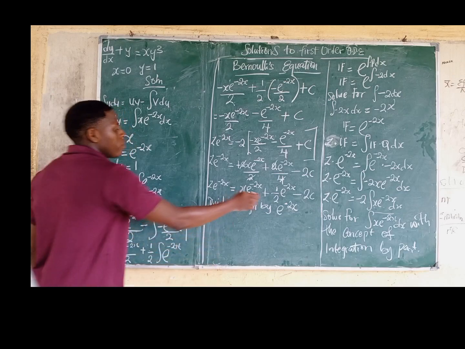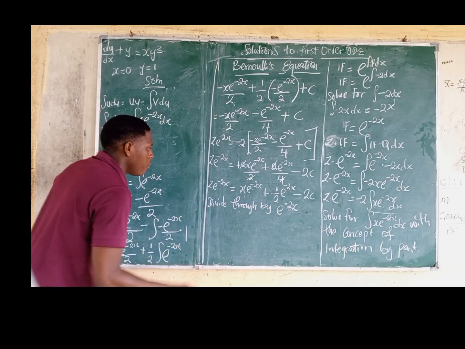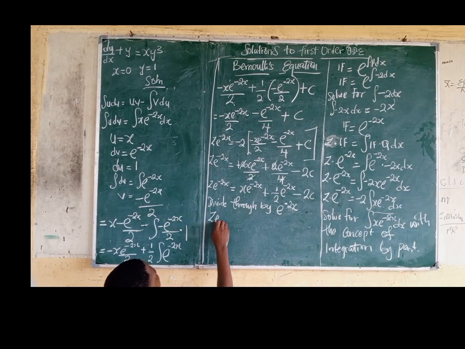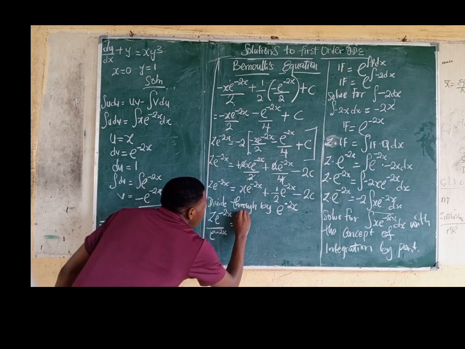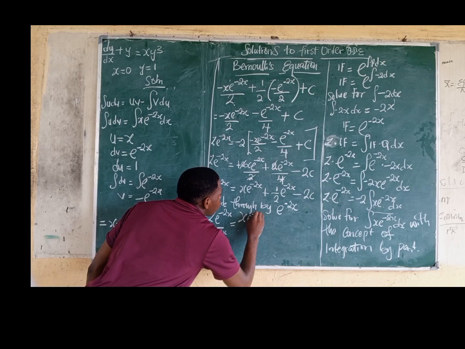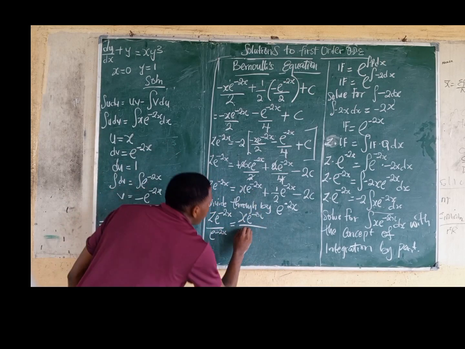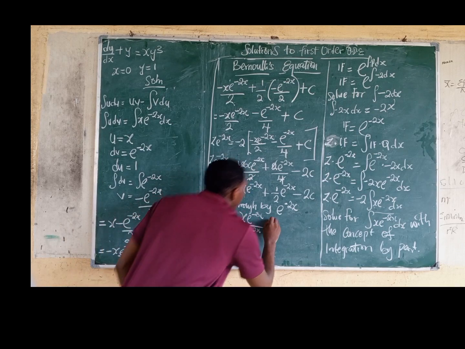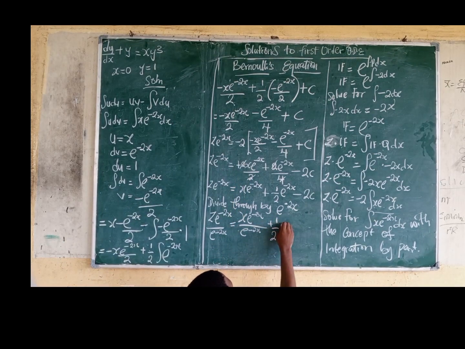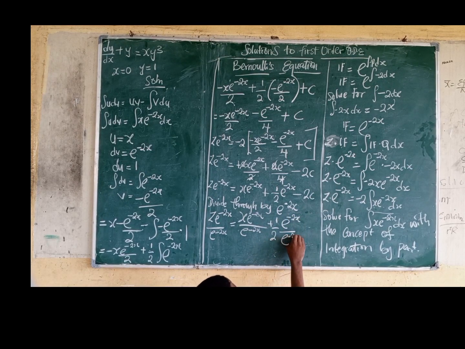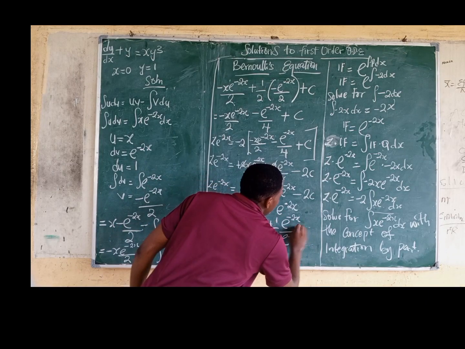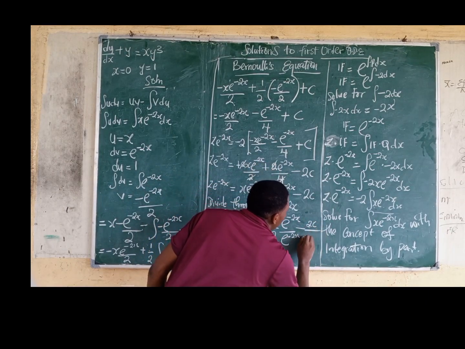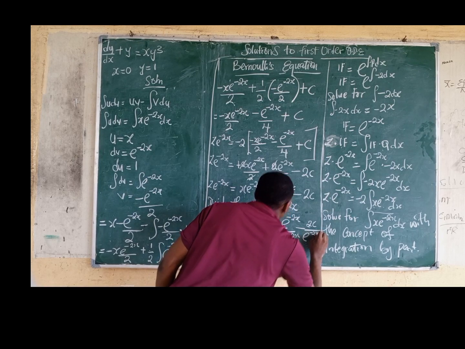If you divide through by exponential minus 2x, we'll be left with z exponential minus 2x divided by exponential minus 2x, and this is equal to x exponential minus 2x divided by exponential minus 2x plus 1 over 2 exponential minus 2x divided by exponential minus 2x, and negative 2c divided by exponential minus 2x.